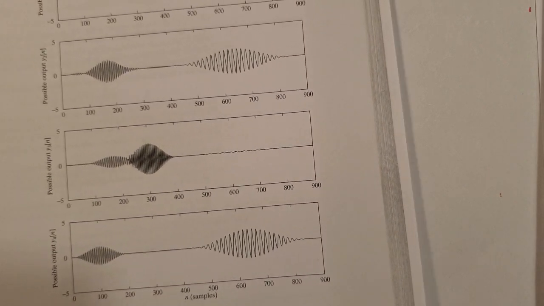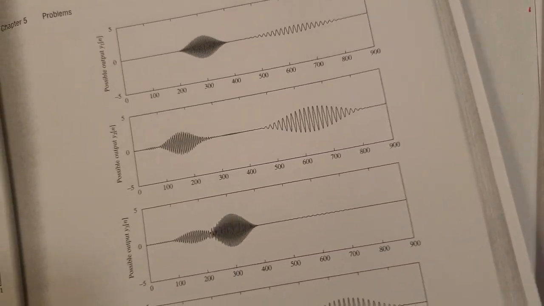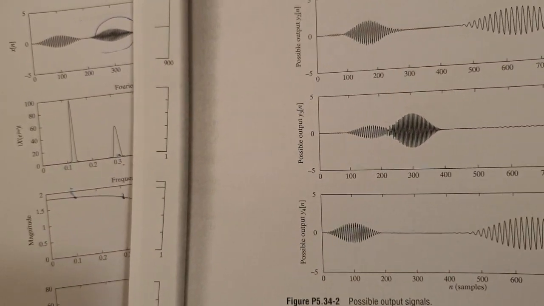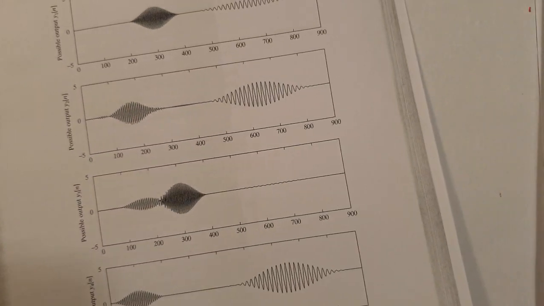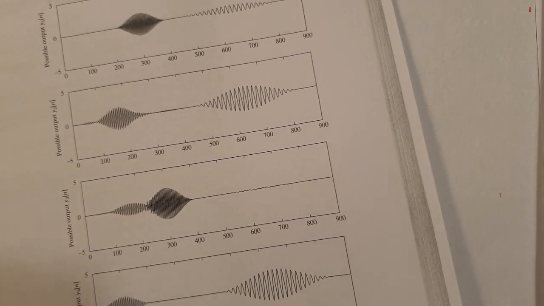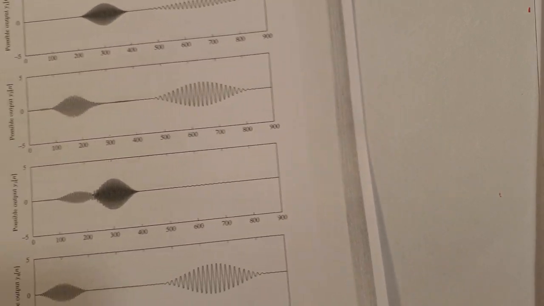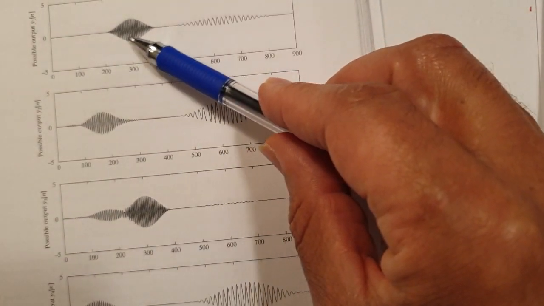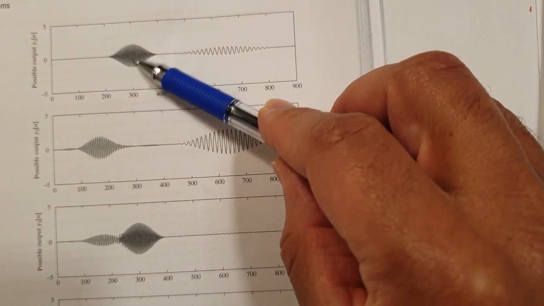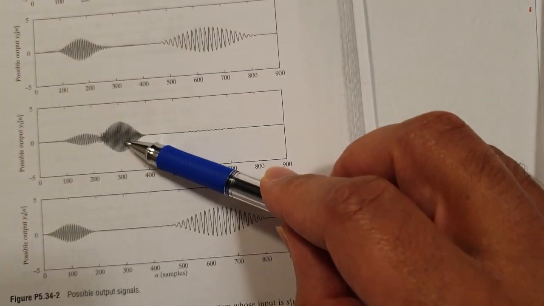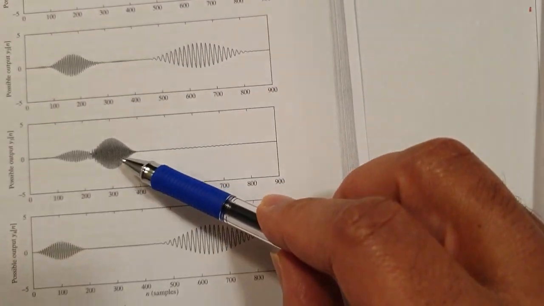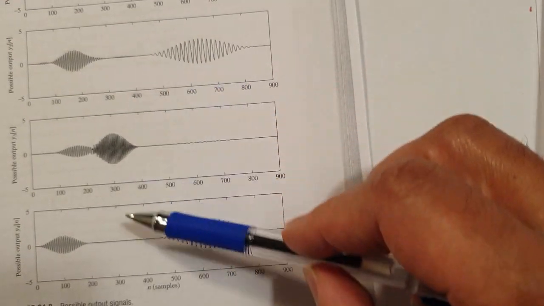For amplitude response, I will not tell much because I think with what I said you can figure this out. One thing for sure, we know that the higher frequency will disappear. Then it cannot be this one, because I see the higher frequency here. It cannot be the first one, and it cannot be the third one. It must be one of these.